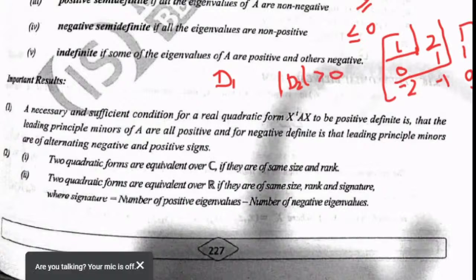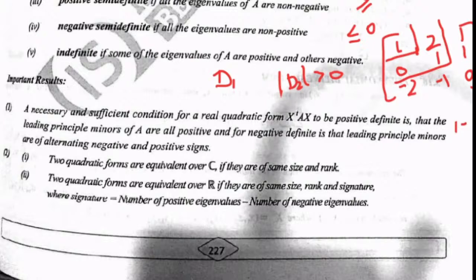And for the 3 by 3, finding the determinant of this matrix will be: 1 into (minus 1 into 0 minus minus 1) will be plus 1, minus 2 into 2, plus 1 into (0 minus of minus 2) is plus 2.